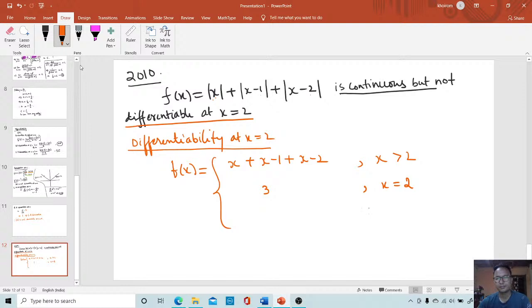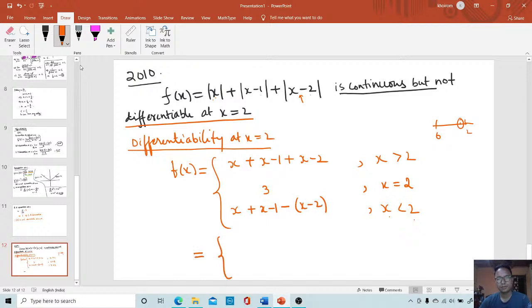For x less than 2, modulus of x is x, plus x minus 1 is positive, but x minus 2 is negative, so the modulus becomes minus of x minus 2.